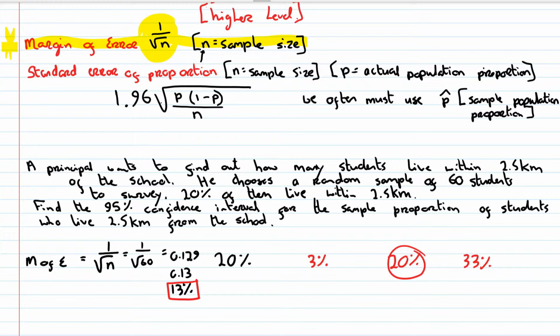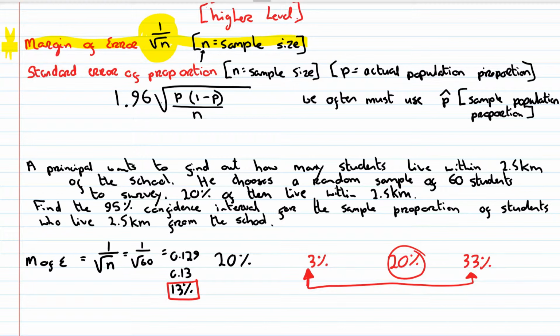So the confidence interval means I am confident, and I'll get to it in a second, 95% confident, that the actual real value for the overall school population is between 3% and 33% living within 2.5 kilometers from the school.